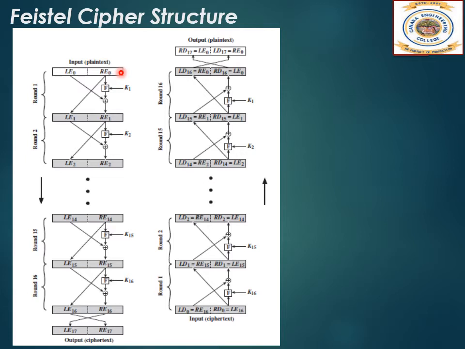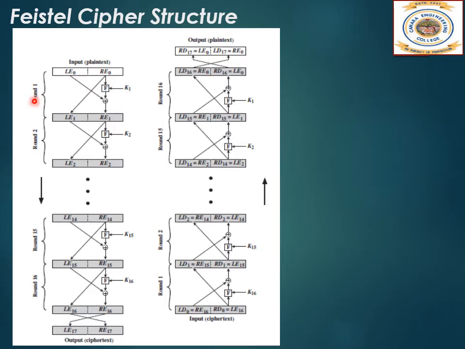The two halves of the data pass through n number of rounds. In this case we can see 16 rounds, but it can be any number of rounds. Each round i has as input L(i-1) and R(i-1) derived from the previous round, as well as a subkey Ki, which is derived from the main key K. In general, the subkeys Ki are different from K and from each other.